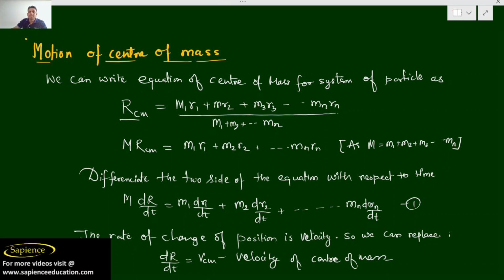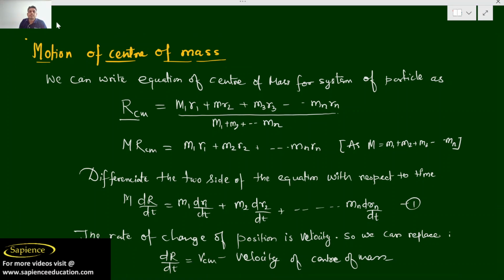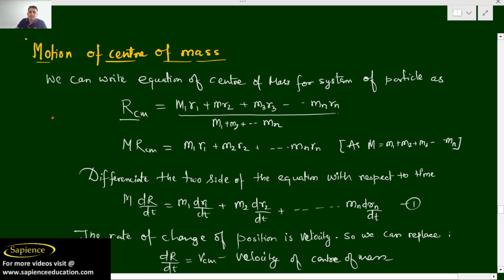The position of the center of mass can be written as R_CM equals M1 R1 plus M2 R2 plus M3 R3 dot dot Mn Rn divided by M1 plus M2 plus M3 dot.